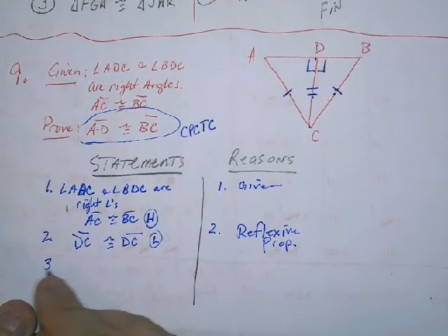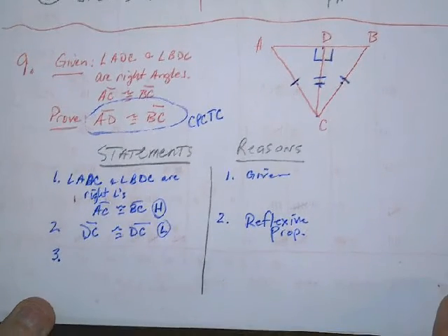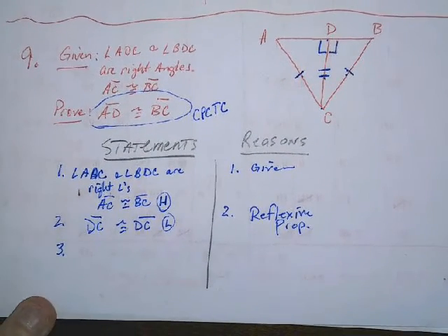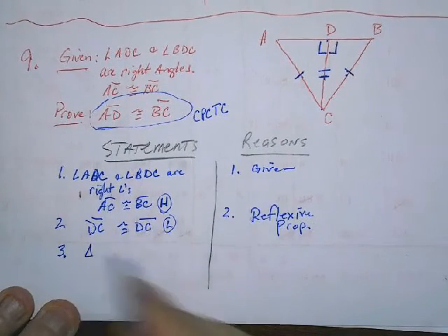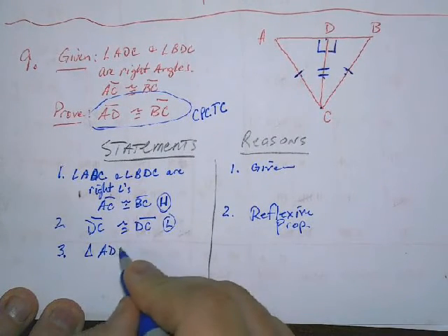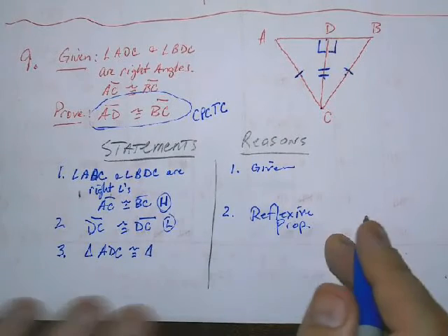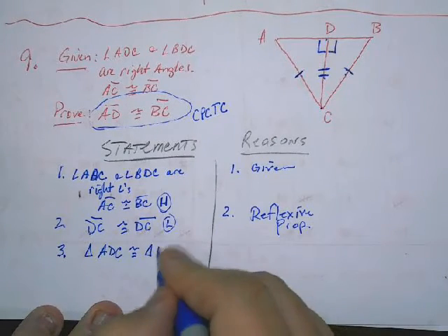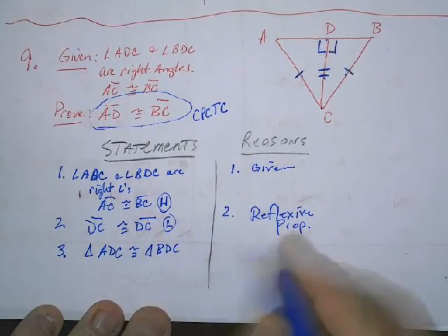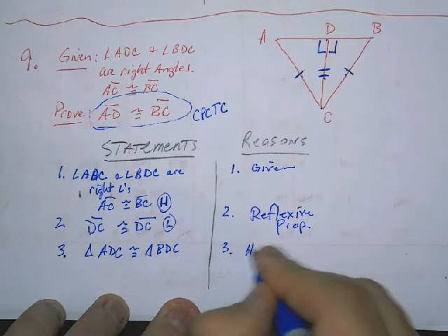And then step 3, it says triangle ADC is congruent to triangle BDC, and that is by the HL theorem.